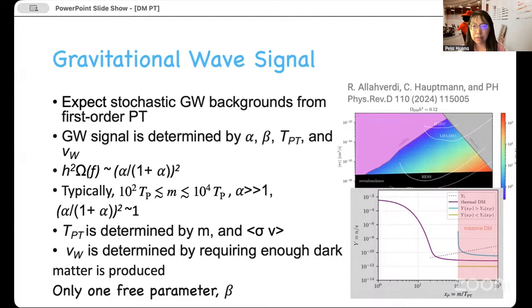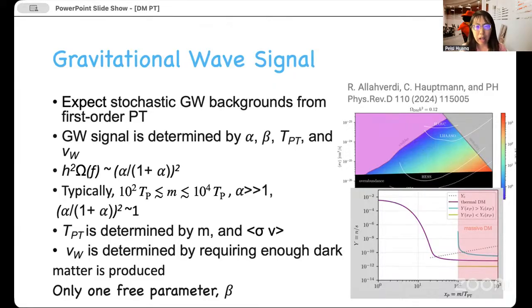That implies the phase transition is very strong, so alpha is much larger than 1, and therefore we saturate this ratio. Then the phase transition temperature, as we discussed, is determined by the mass and annihilation cross-section to match the right relic abundance.